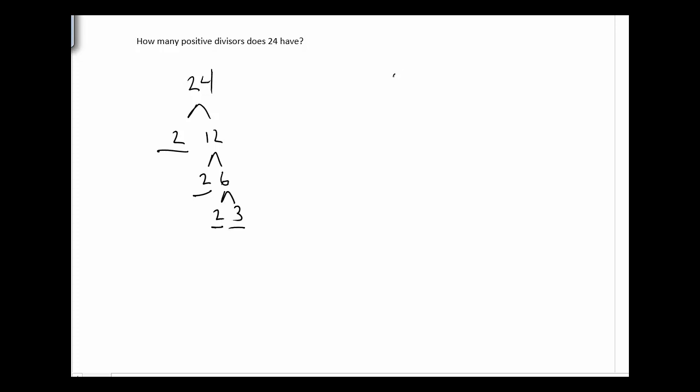Okay, I'm going to do this a different way, because I hear students all the time go, mine's different. Clearly I'm wrong, or you're wrong. And sometimes in math, different does not mean wrong. What if we went 3 times 8? That also gives me 24. And 8 would be 4 times 2, and 4 is 2 and 2.